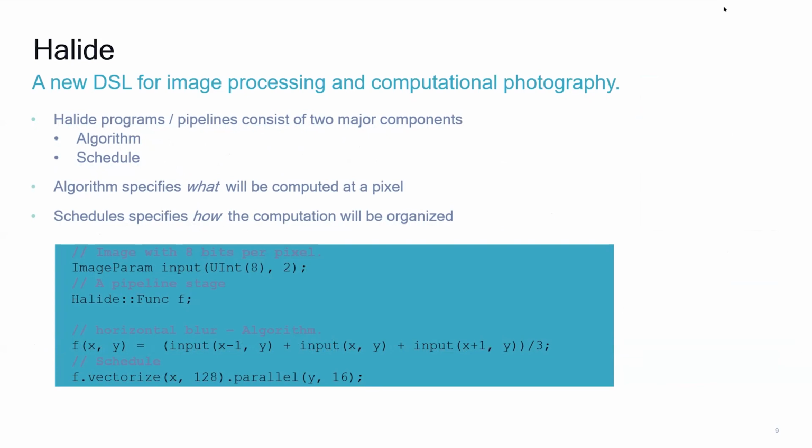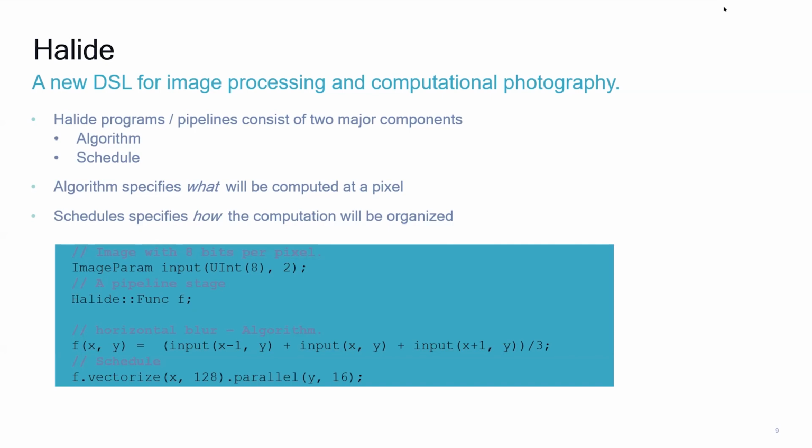You are doing a certain operation on that pixel, and the other thing is how you are accessing that pixel. That certain operation, in this case, the code shown on this slide, is horizontal blur. You are averaging the values of 3 horizontal pixels, and this is your algorithm. Once you've decided your algorithm, you need not change it.